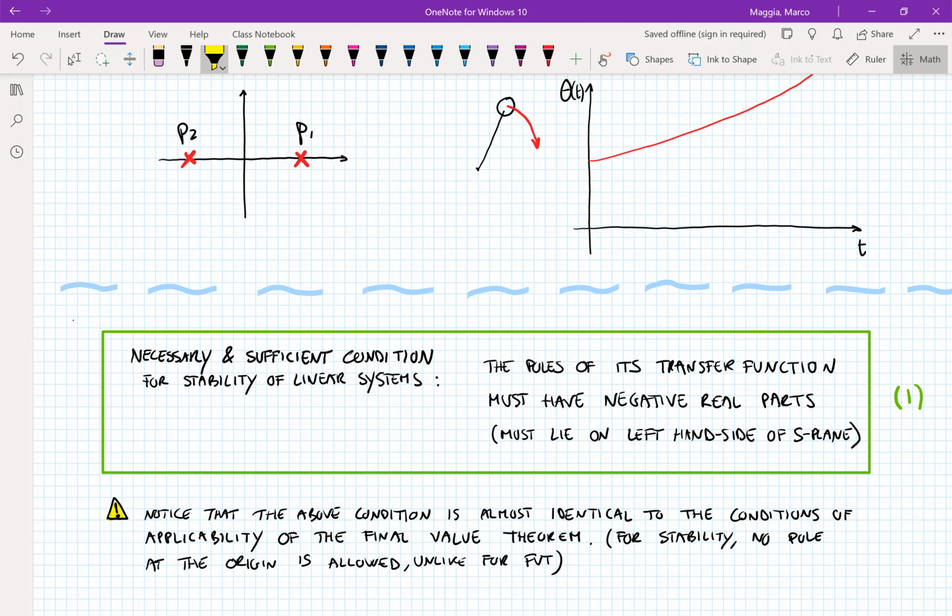And when we look at the poles of the transfer function, if all the poles have negative real parts, or if they lie on the left-hand side of the s-plane, then the system is stable. So a stable system implies poles of the transfer function with negative real part, and negative real part of the poles of a transfer function implies that the system is stable.